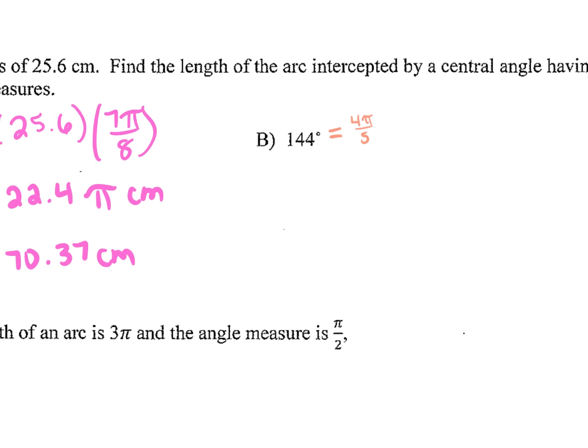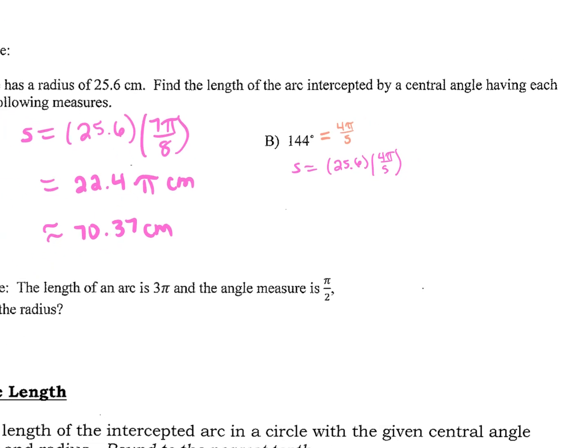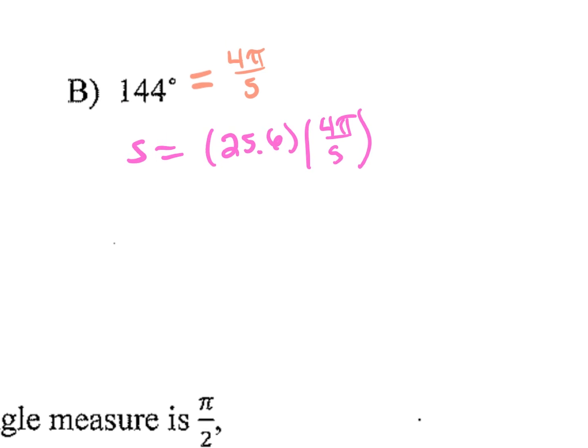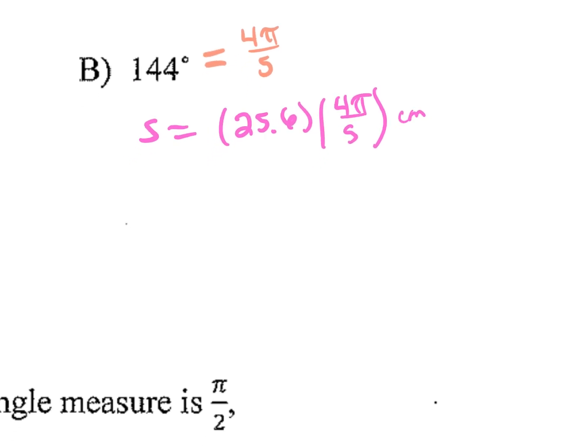Okay, so then when we are plugging in to get our arc length, we are doing radius, which they said is 25.6, times that 4 pi over 5. And we're in centimeters again. So let's just plug it in for this.